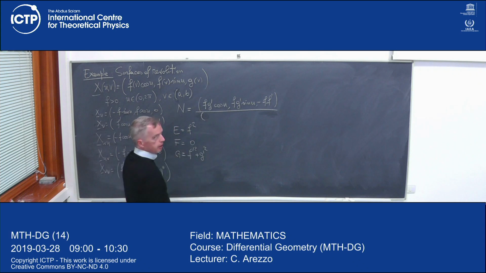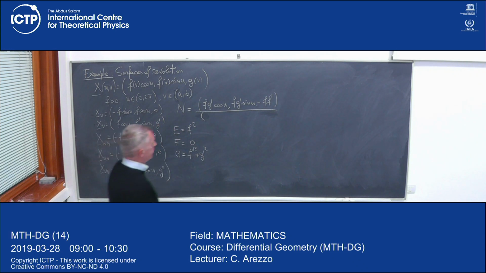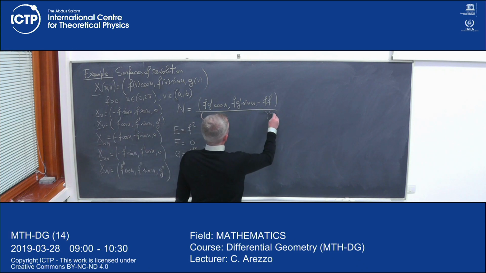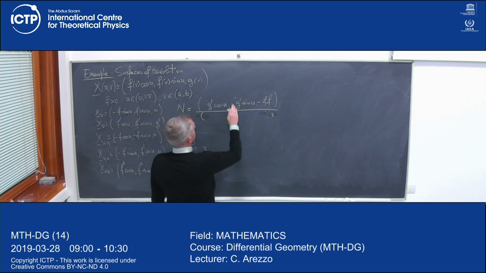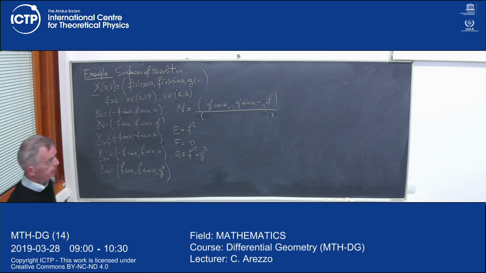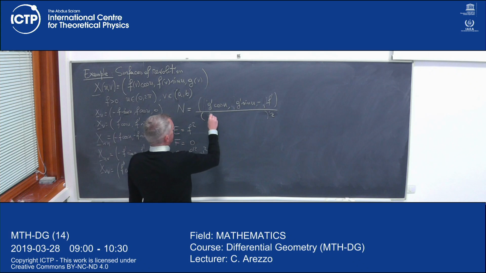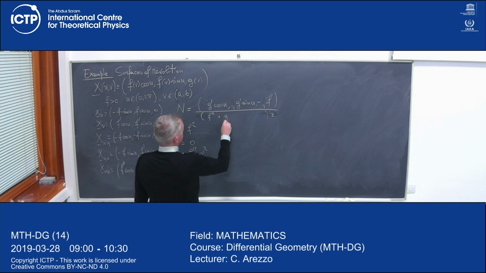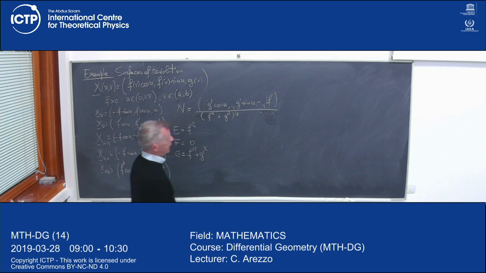Let's do it because actually I will need it in some formula. So what do I have here? Actually, f is everywhere, so I can erase it because everything is multiplied by f. So this becomes f prime squared plus g prime squared to the power 1/2.